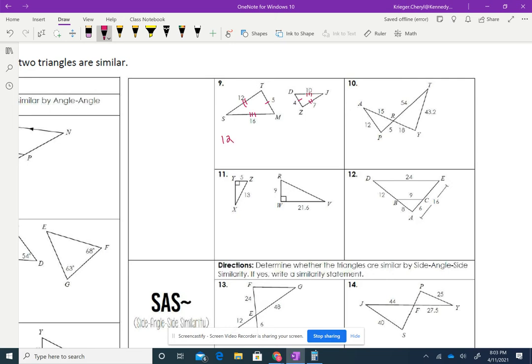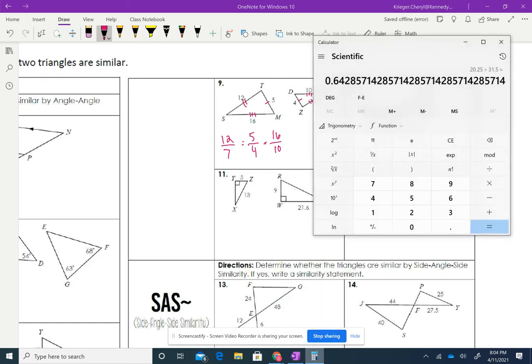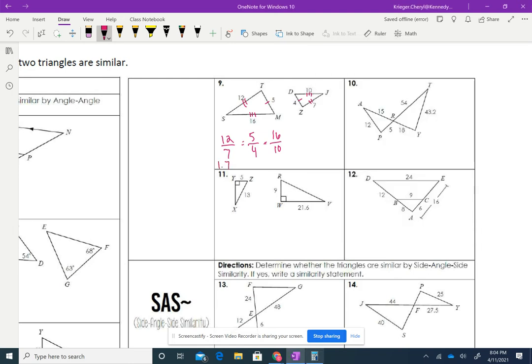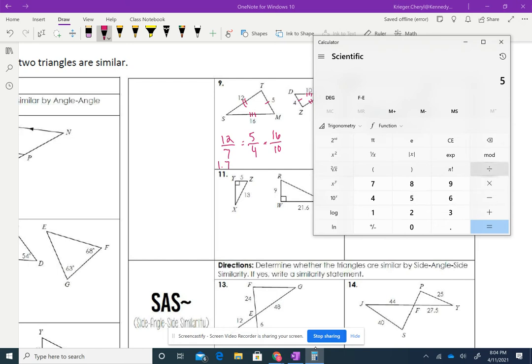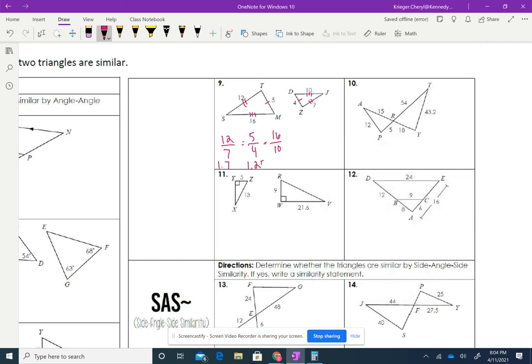So I'll do 12 over, 12 is 1 with 2. 12 over 7 equals 5 over 4, which equals 16 over 10. 12 divided by 7 is 1.7. 5 over 4, I don't think that's the same thing. 1.25. So this one's already not similar.